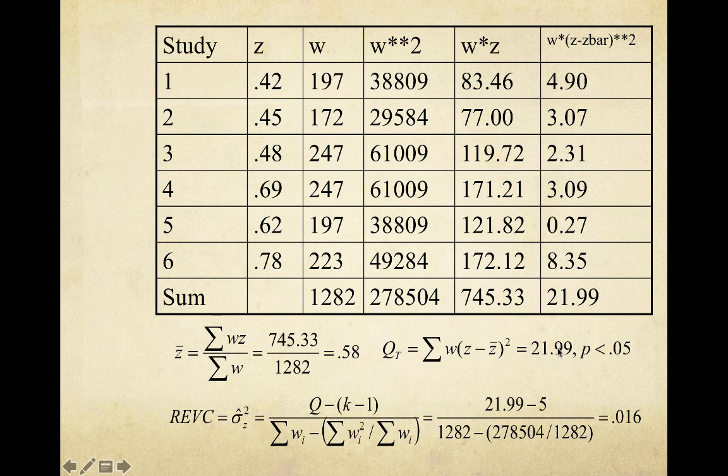We'd expect to see a sum of squares of about 5 here. All right, so our random effects variance component is estimated as 21.99 minus 5 over this normalizing equation here. So our estimated random effects variance is 0.16.